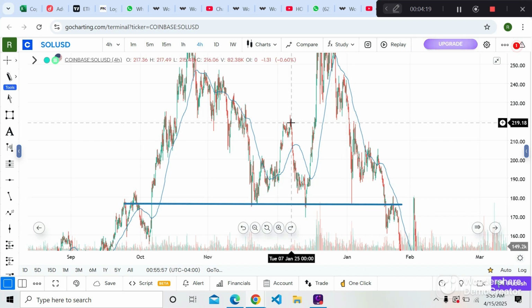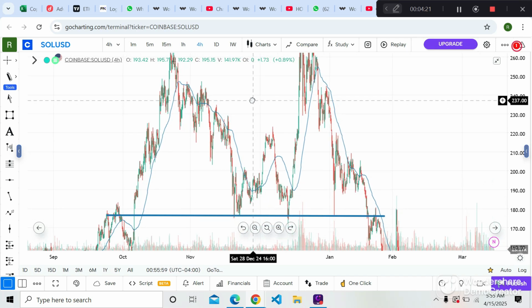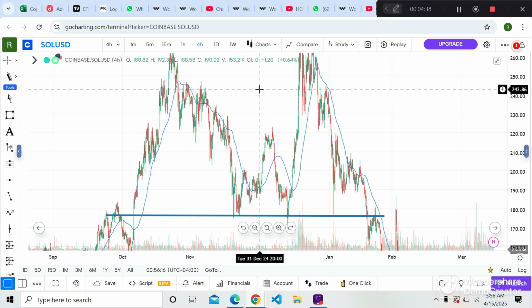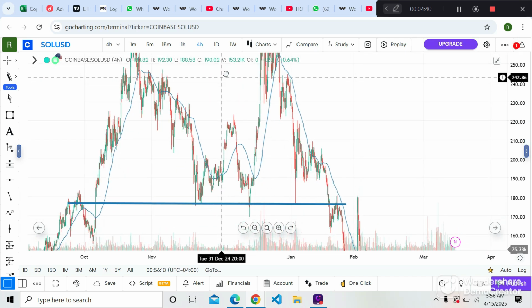Three times is even stronger. But beware, if you start retesting the level of support too often, maybe five or six times, and it starts correcting close to the level of support, it might indicate a breakout of that support or resistance, depending on the market type you're dealing with.